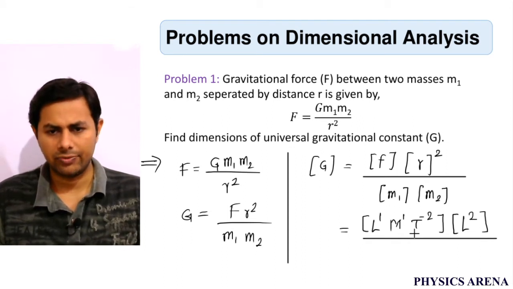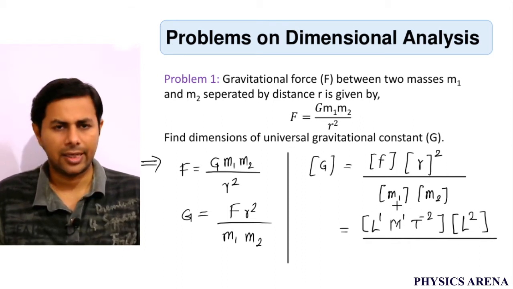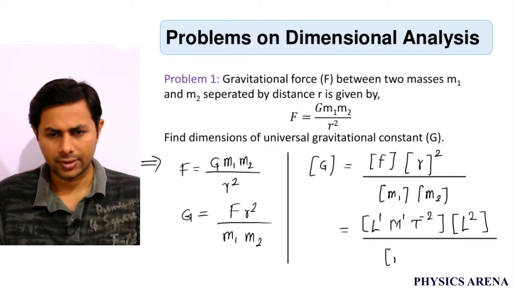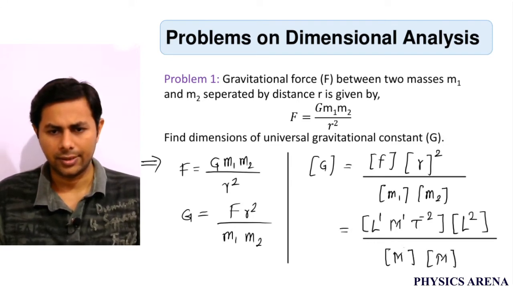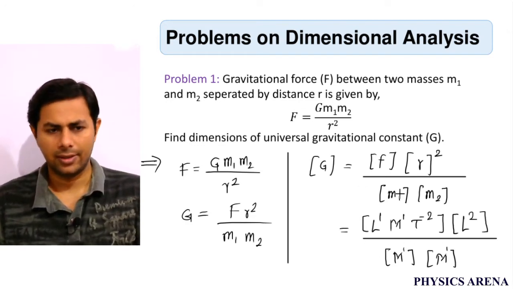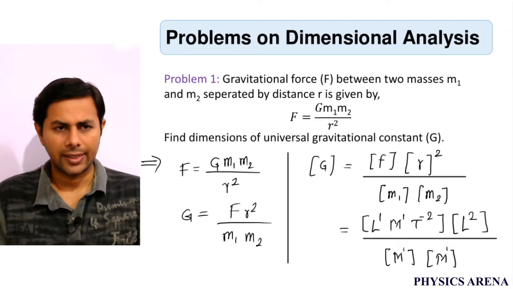Then in the denominator we have two masses m1 and m2, so their dimensions are M and M, M^1 and M^1. Now we can cancel the M^1 from the numerator with one of the M^1 in the denominator.